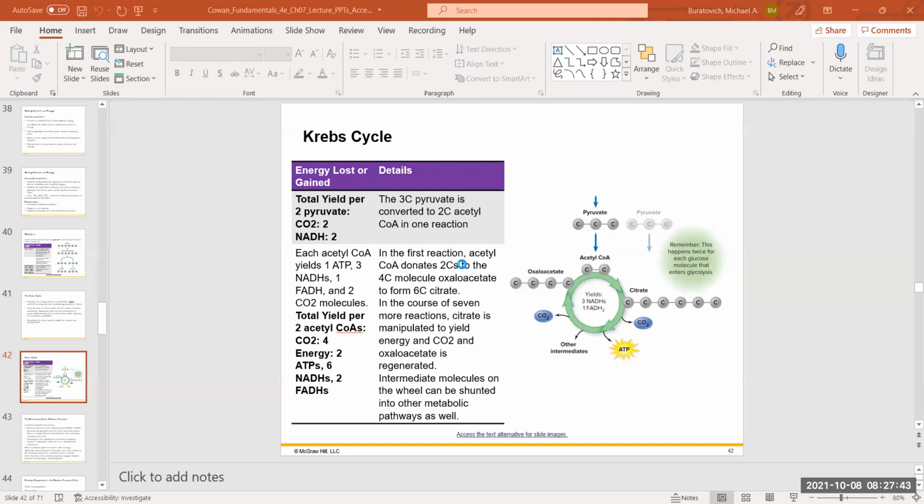Those poor lonely protons, they want to get back home. How are they going to get back home? You've essentially created a charge and concentration gradient on either side of the membrane. That charge and concentration gradient can be used to do work. You've essentially made a mini battery, haven't you? All by throwing electrons through this chain.